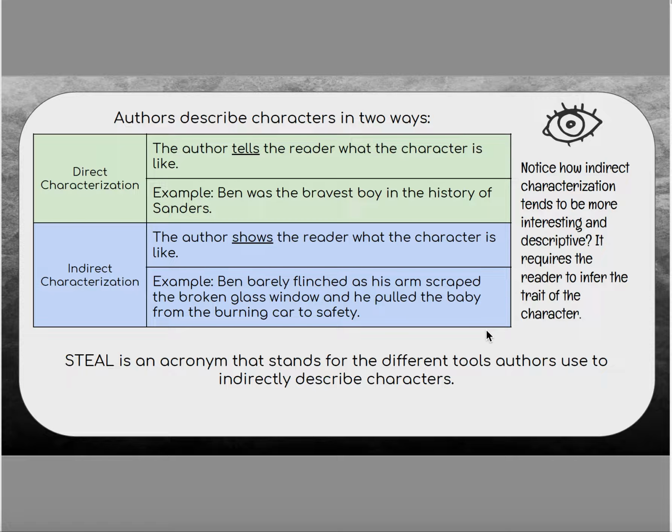So over here, I want you to look at this. This is really important. Indirect characterization tends to be more interesting and descriptive, right? So it requires you to infer. You have to make an inference about the text, about the characters in the text. So whenever we do our annotations, you always hear me say, annotate to the characteristics.